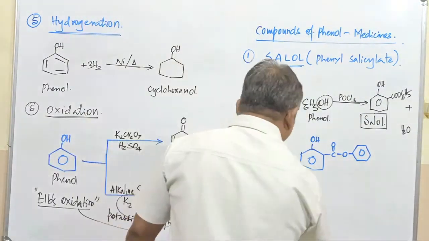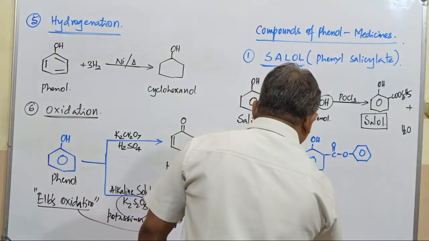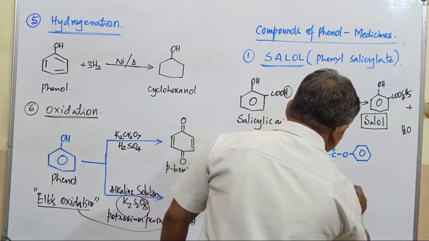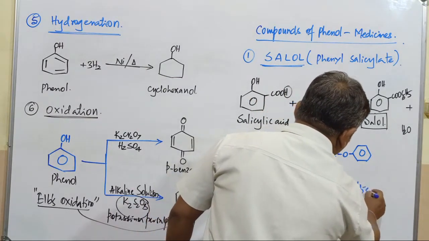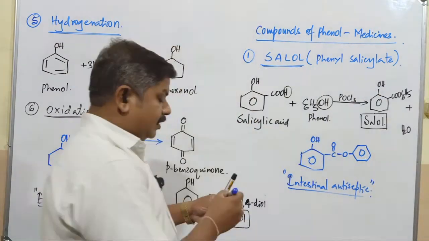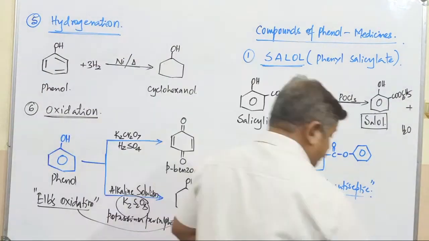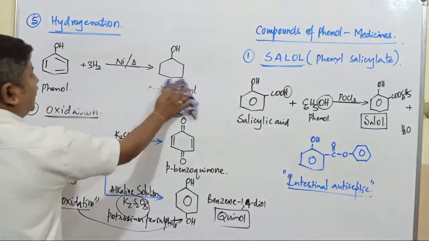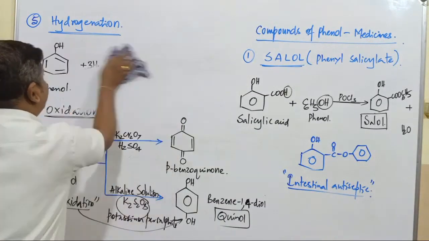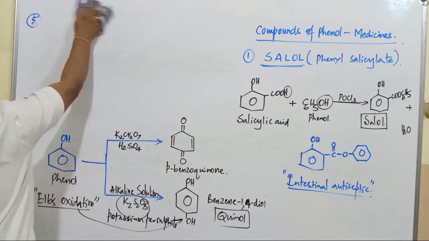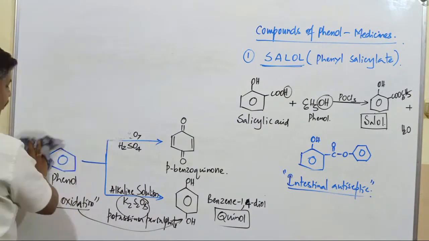It is used as an intestinal antiseptic. This compound is used as an intestinal antiseptic compound. Remember. So this compound is known as Salol compound, which is obtained from the phenol. Phenol with salicylic acid gives rise to Salol compound, that is used as intestinal antiseptic compound.